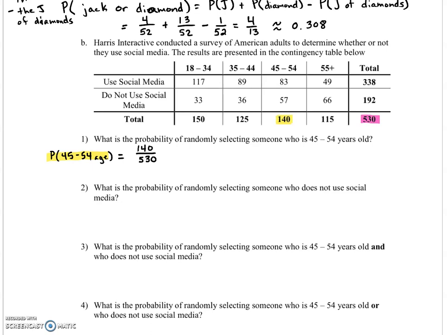Sometimes they don't add these up for you and you have to do them yourself. So that is approximately 0.264.